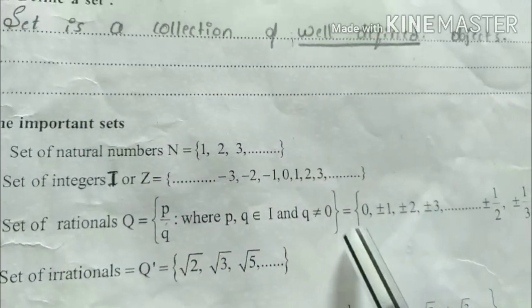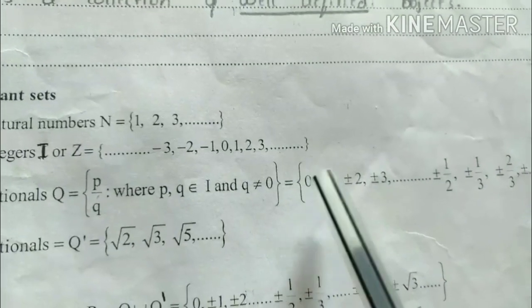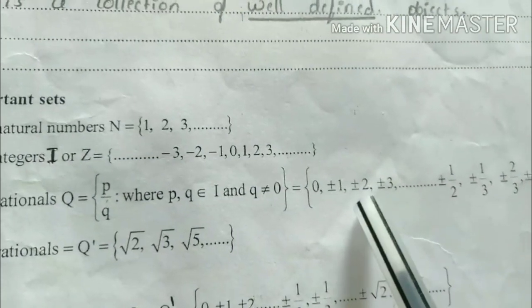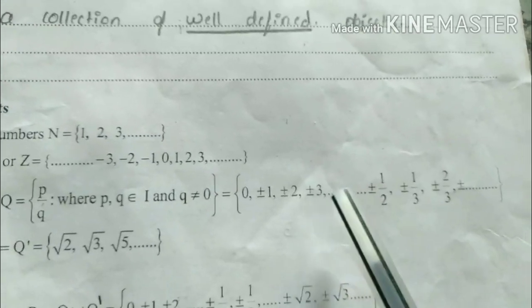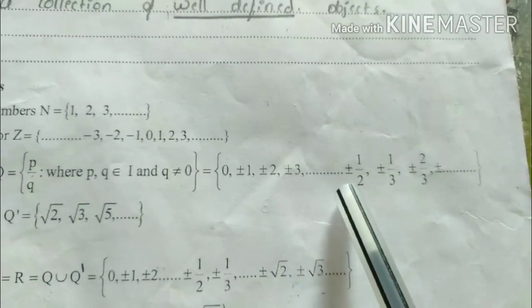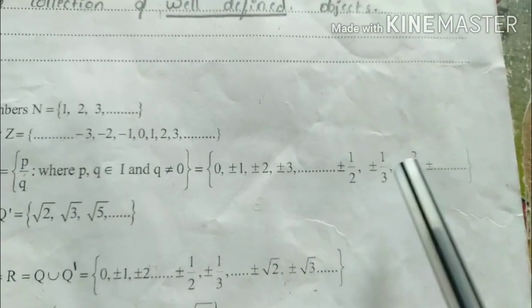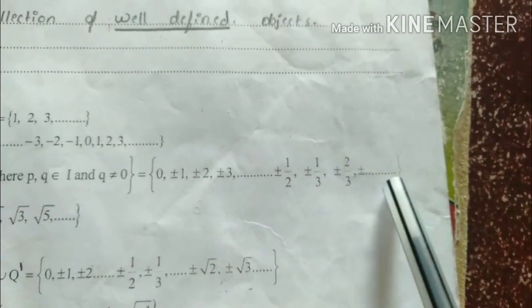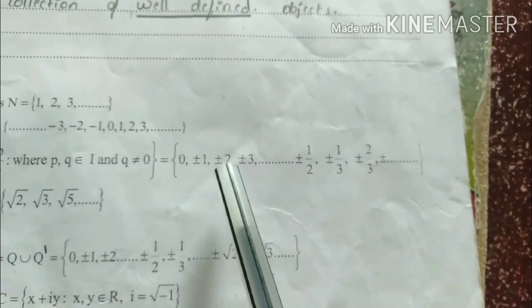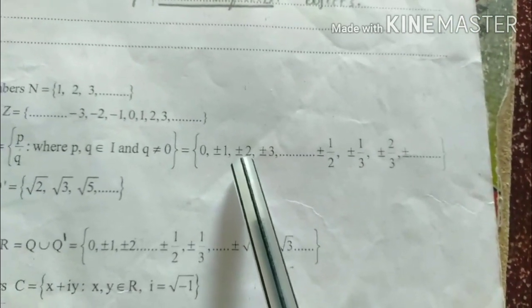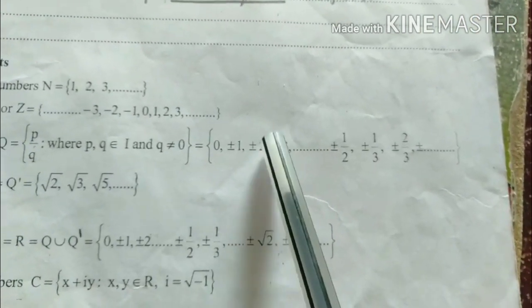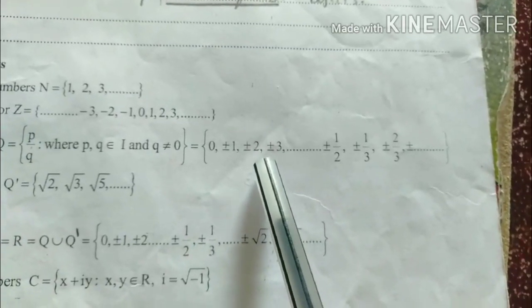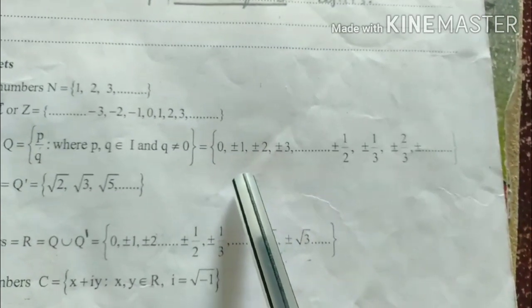Here the set can be denoted as starting with 0, plus or minus 1, plus or minus 2, plus or minus 3, and it includes fractions also: 1 by 2, plus or minus 1 by 3, plus or minus 2 by 3, etc. Here this number is also in the form of p by q, because if nothing is there in the denominator, we need to consider it as 1.